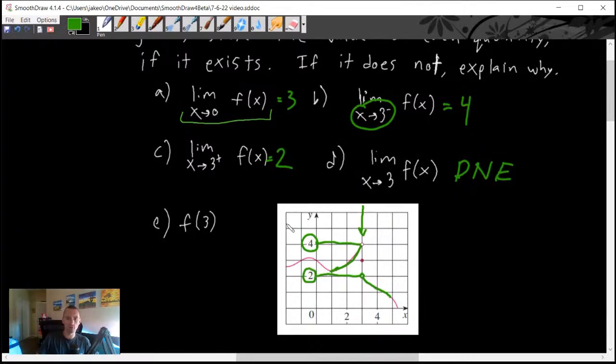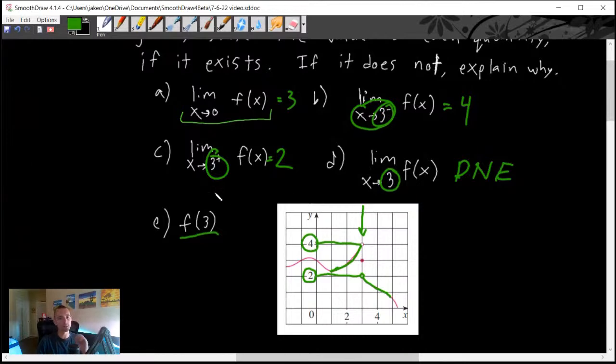Okay, and then finally, we have f of 3. Okay, so this is different. This is obviously not a limit, right? It's not saying the limit as x goes to 3 of f of x. It's saying what is f of 3? Well, f of 3 is the opposite of what a limit is asking, because like I kind of said a minute ago, what a limit is asking is what happens as we get really, really close to these x values here.